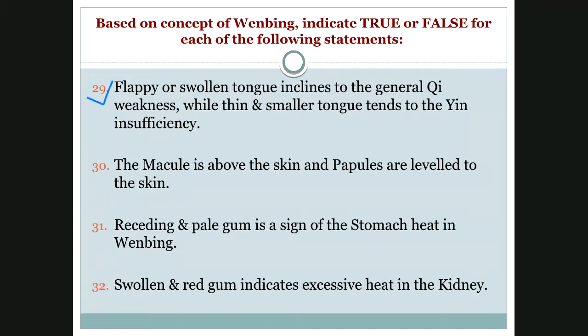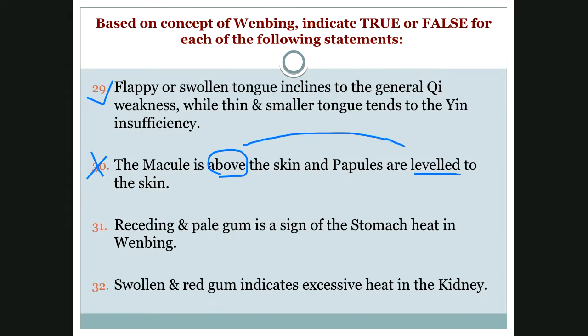Number 30: the macula of the skin is above the skin and the papule is level with the skin. This is level with the skin, and this is above the skin. So we just need to swap these terms, and then they become correct.